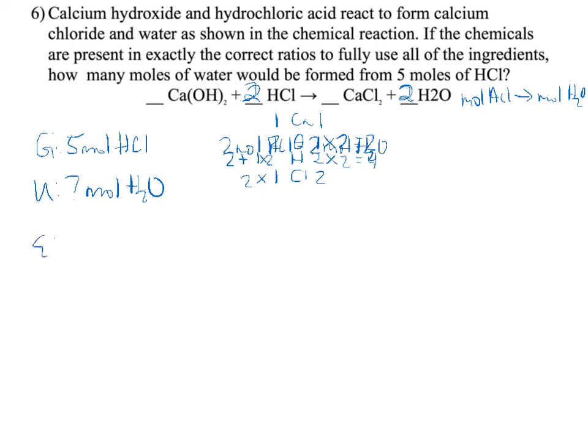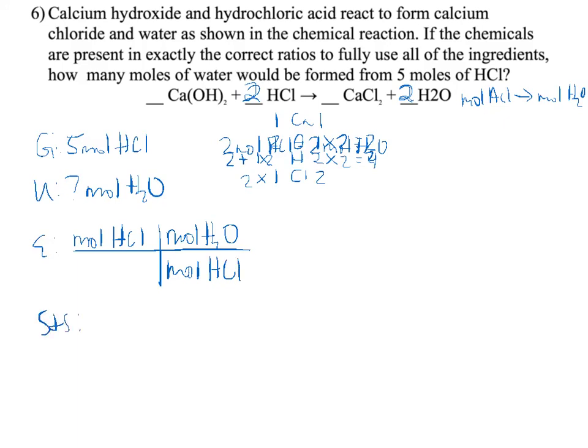Okay, so now we just do our equation. We were given moles of hydrochloric acid. We're trying to go to moles of water. And we need to cancel out our units of hydrochloric acid, so that goes on bottom. And then we just substitute and solve. We have 5 moles of hydrochloric acid.